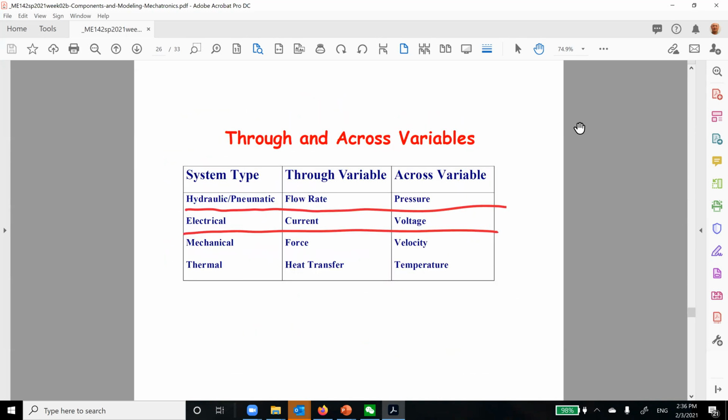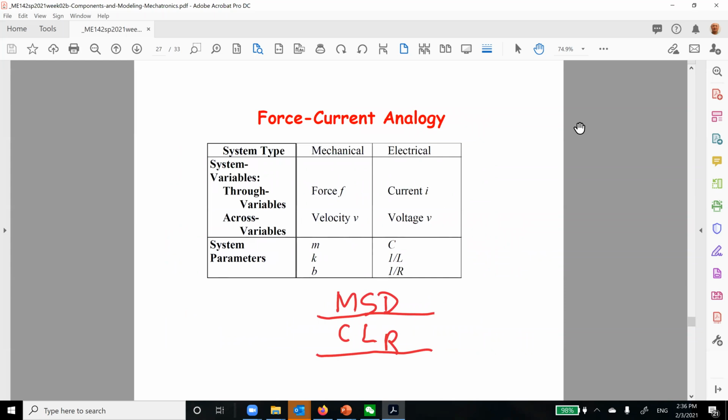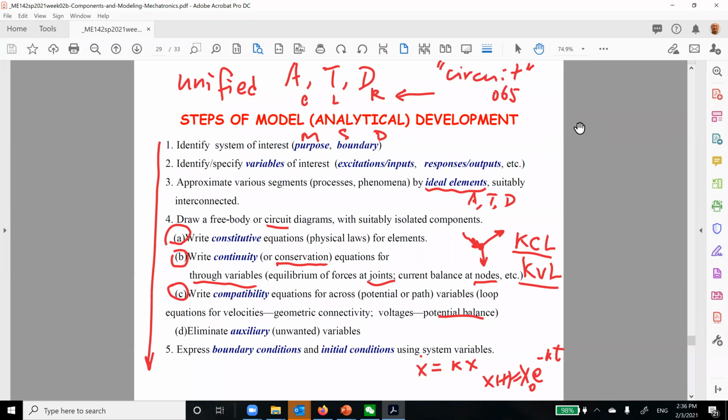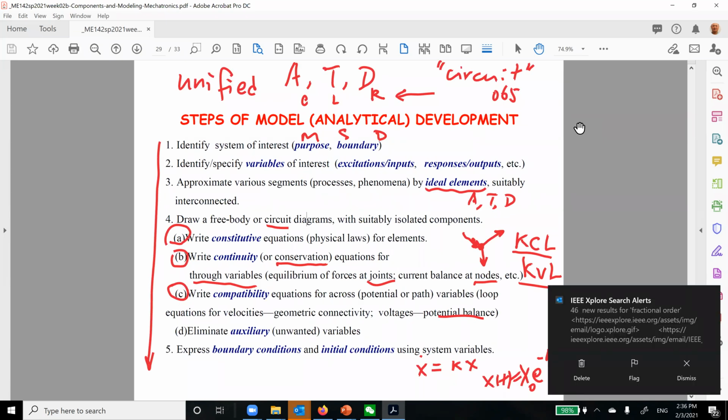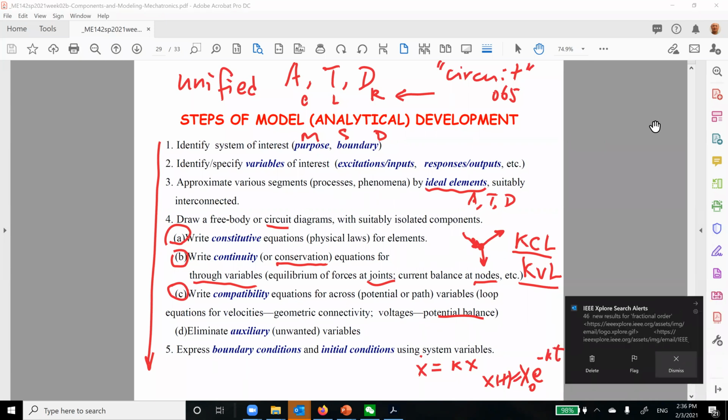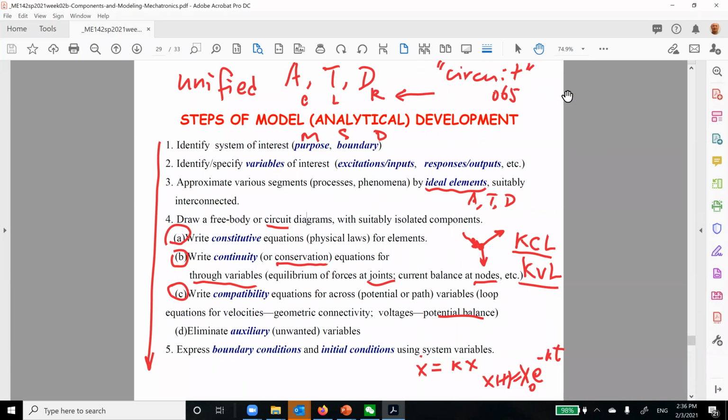So we have this kind of analogy, and then based on the components, remember you played with Lego Mindstorms, Lego Technic, you can build the system from building blocks. So then we can start to use all these unified components to build systems.